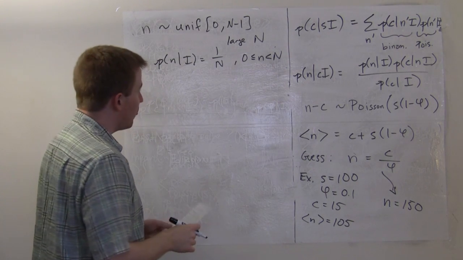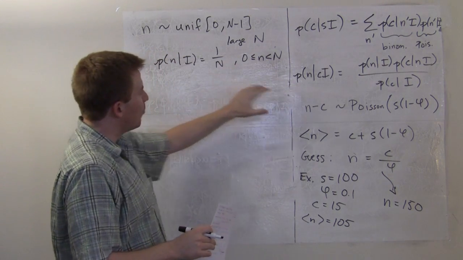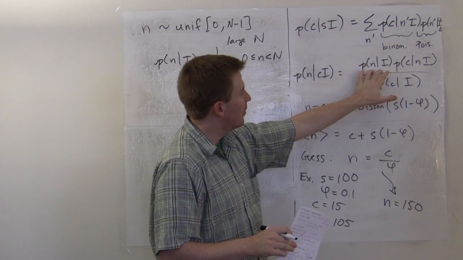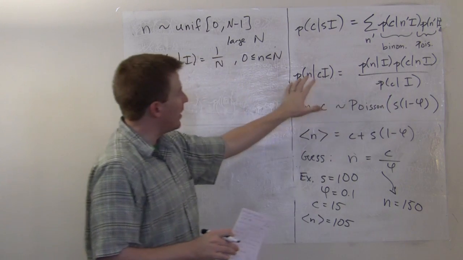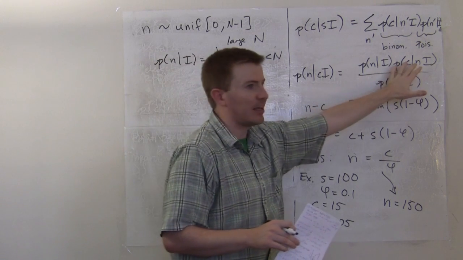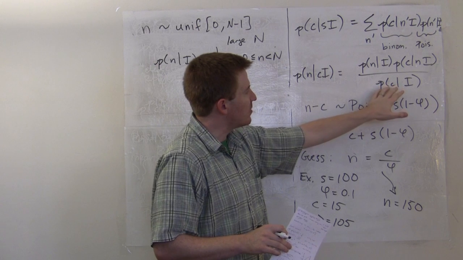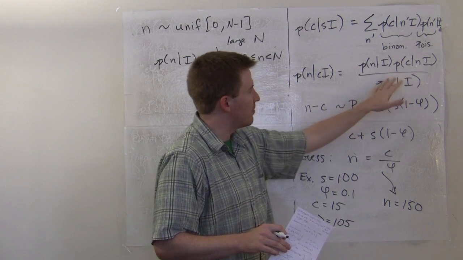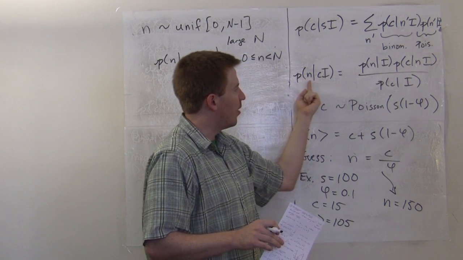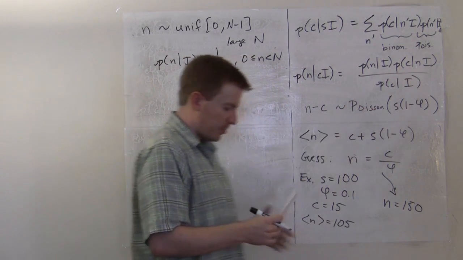What would that shake out to be? Well, we've already done this problem a couple of times, where with a uniform prior we know that what we get in the end for our posterior distribution is just the data likelihood. So this number is just going to drop out. This number is going to be a sum over a bunch of things that don't depend on little n, and so it's just going to be proportional to the data likelihood for that particular value of n.